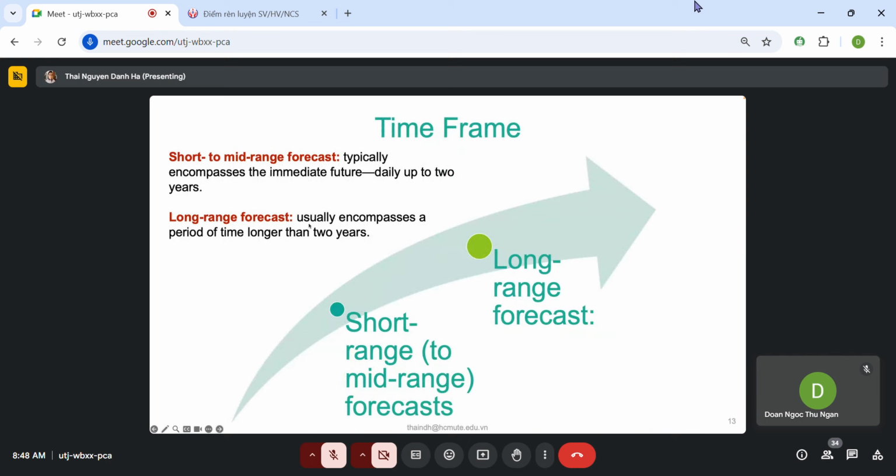So this is the time frame. The short range to the mid range of the forecast: typically the mid range is the time frame between 12 to 18 months, and the short range is less than a year.